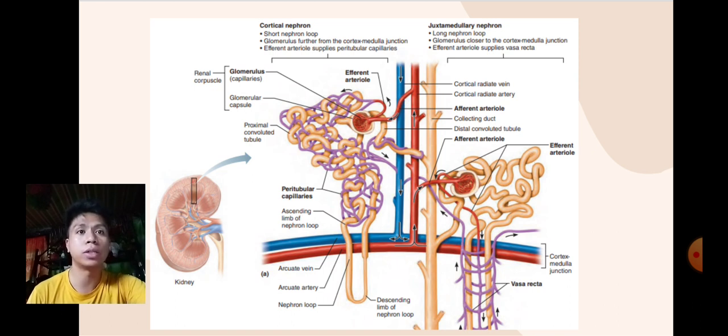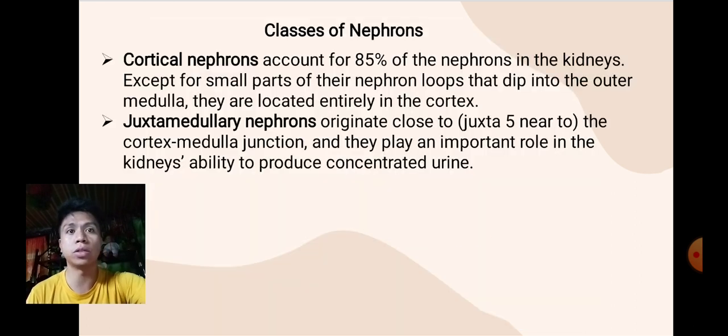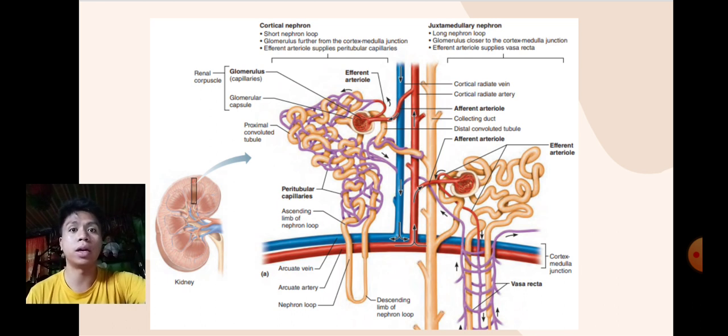That's it. So it is divided, segmented according to the types of, what we call here, classes of nephrons. At the top of the diagram we have the cortical nephrons and the juxtamedullary nephrons. Cortical, compared to juxtamedullary, is a short nephron loop.